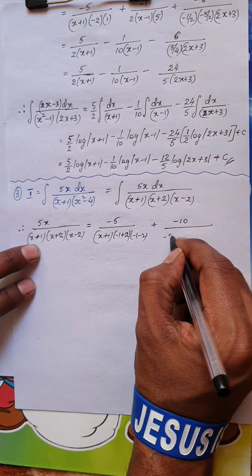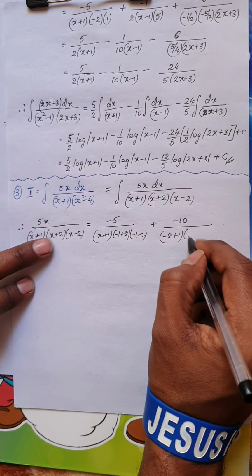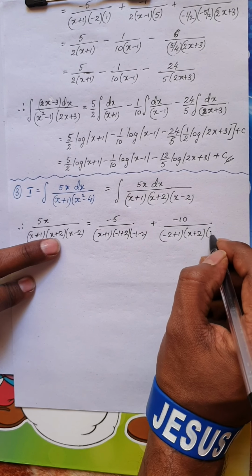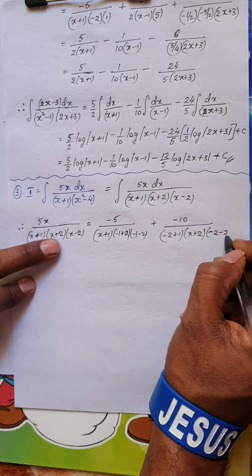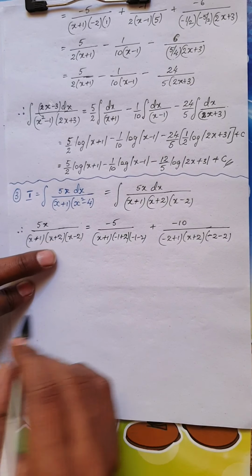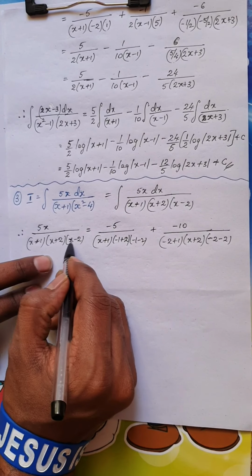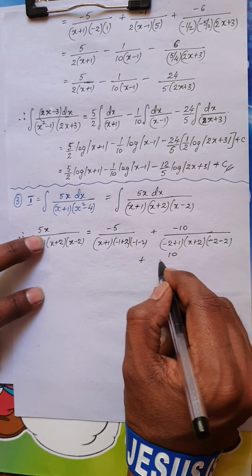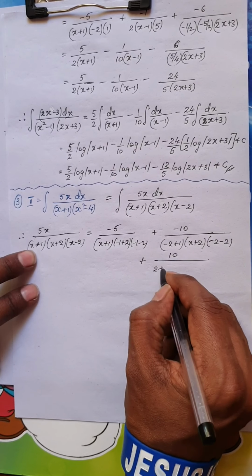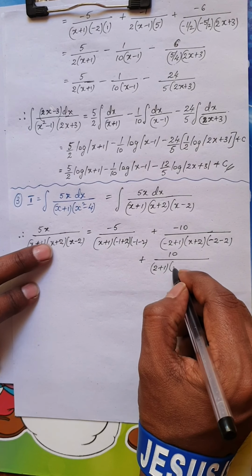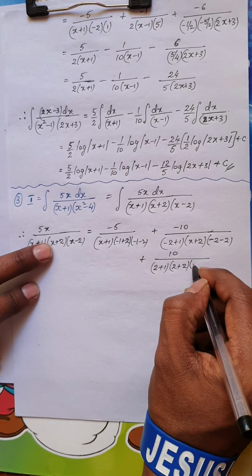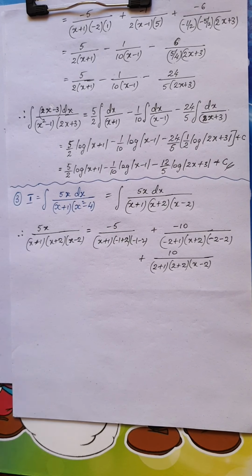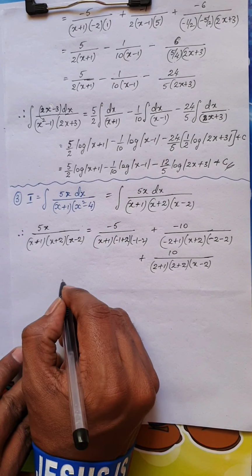So this would be minus 2 plus 1 into x plus 2 into, you put x is equal to minus 2 and minus 2 as it is. Okay. For the last factor, I will put x is equal to 2, plus 5 2s becomes 10 divided by 2 plus 1 and 2 plus 2 and this would be x minus 2. Okay. I hope you have become familiar with this shortcut method of finding the partial fraction.